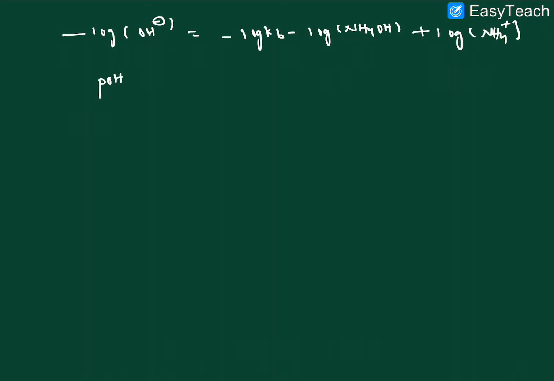So negative logarithm of OH minus concentration is nothing but pOH.